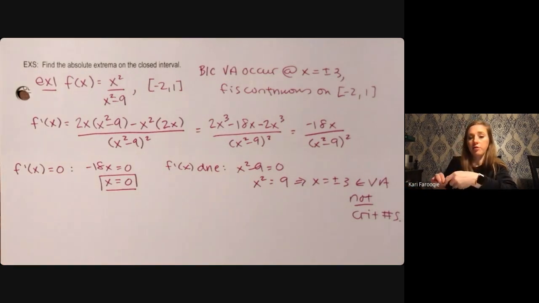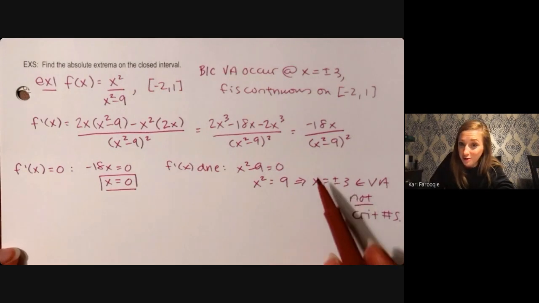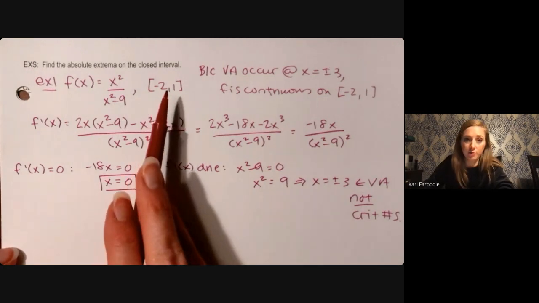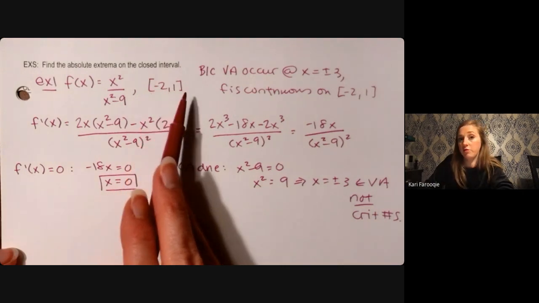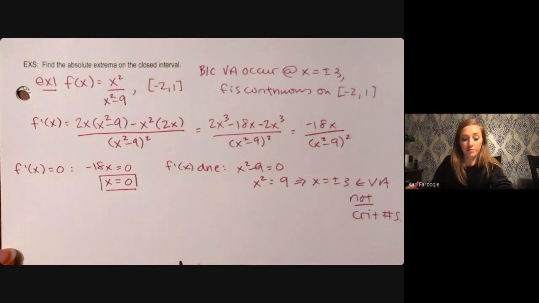Another thing to consider is that even if these values were going to be used as critical numbers, they can't actually be used because they're not in the interval. We're only looking at values of this function where x goes from -2 to 1. These values are not even in the interval, so we don't need to worry about them.